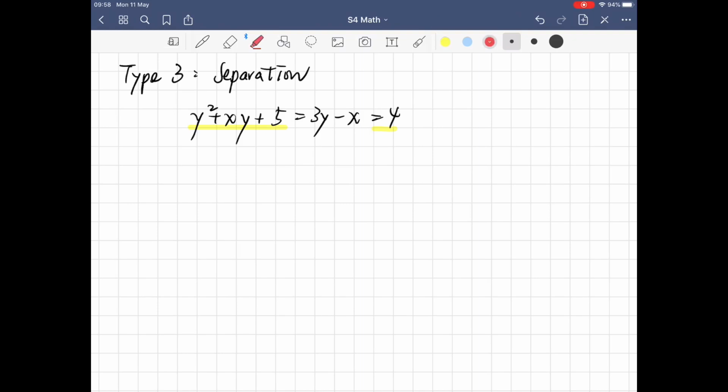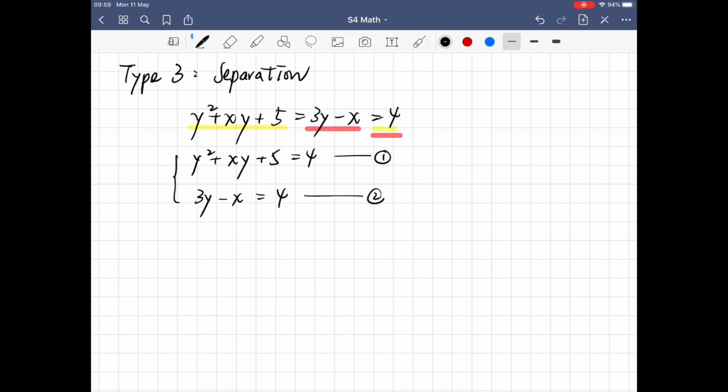And the second one is 3y minus x equals 4. Okay, again, we'll then choose the easier one to start with. That is equation 2.